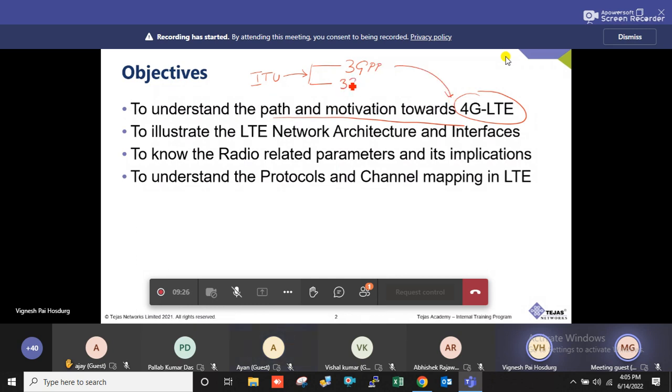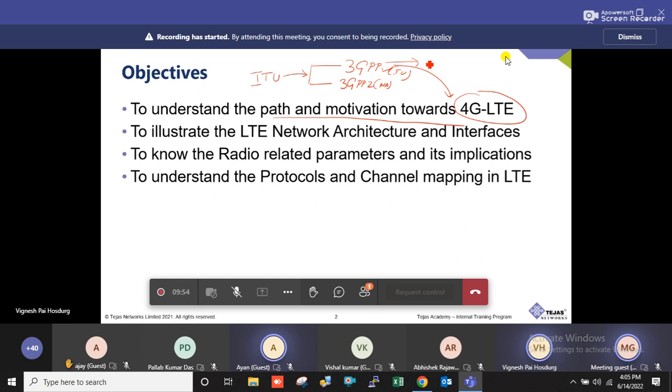There is another group called 3GPP2. So this is the European standards, and this becomes the North American standards. We looked at the different generations and the typical standards under these groups. We follow more of 3GPP.